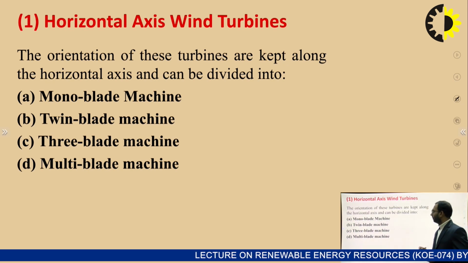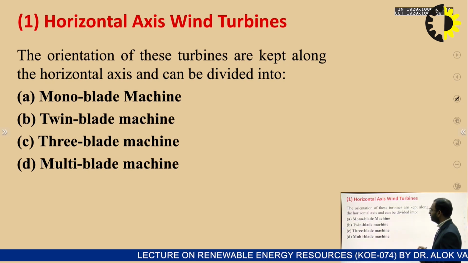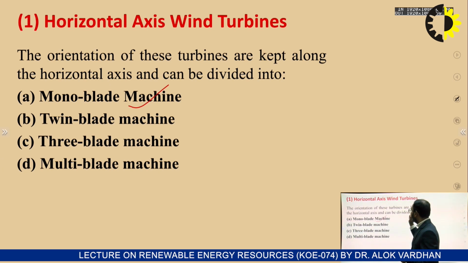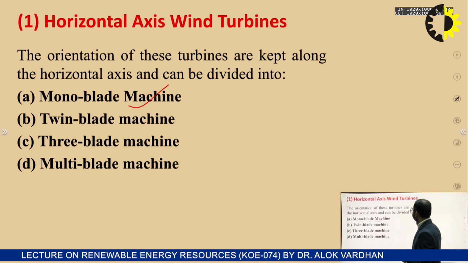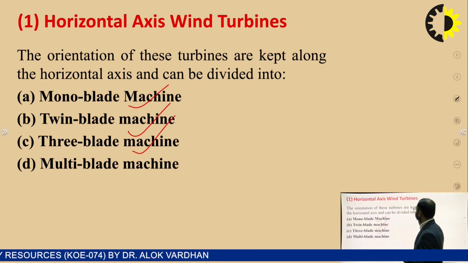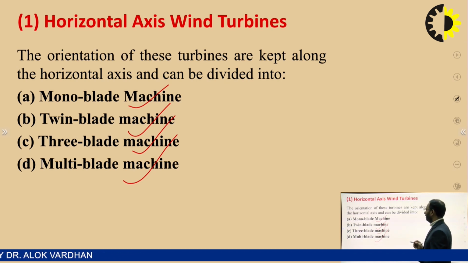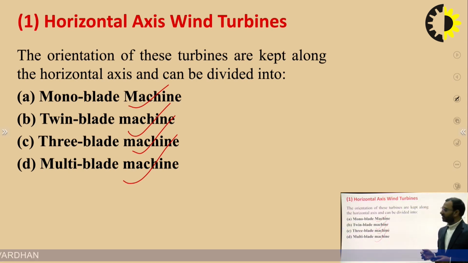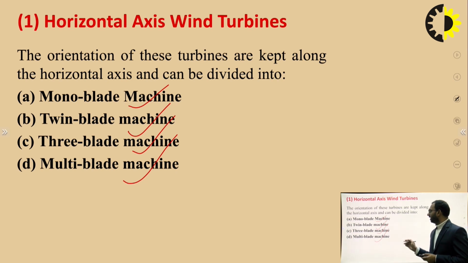Then further, there are these categories: mono blade machine type horizontal axis wind turbine, twin blade machine type, three blade machine type, and multi blade machine type horizontal axis wind turbine. In subsequent slides, I will discuss in detail one by one what is a mono blade machine, what is a twin blade machine, what is a three blade machine, and so on.